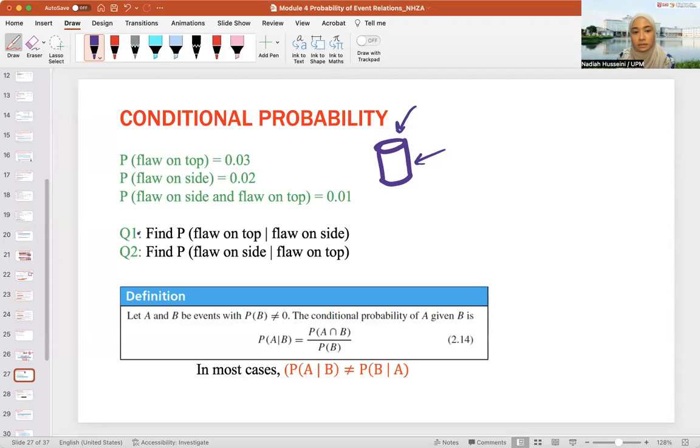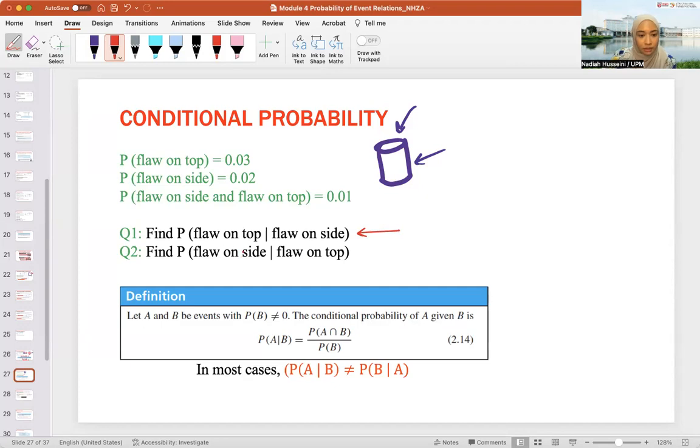Which one limits the sample space? Which parameter limits the sample space for question number 1, anyone? Flaw on the side.